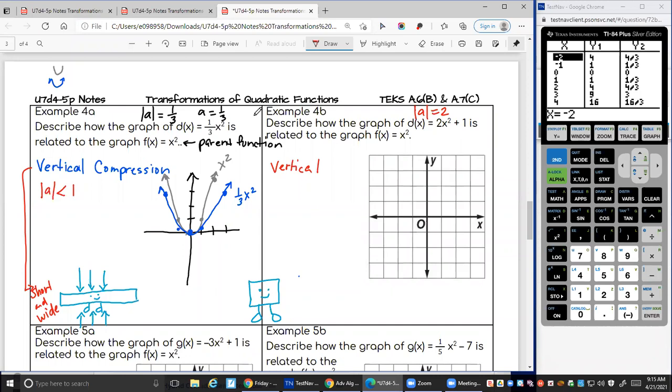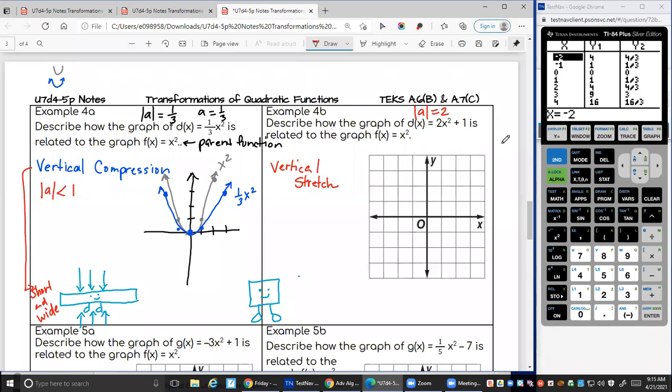So if it's a value less than 1, it's going to be vertical compression. It's going to push down, it's going to become short and wide. Vertical stretch, which is what we're going to have here.